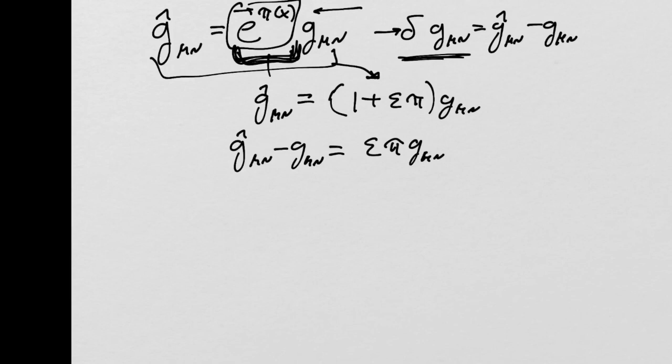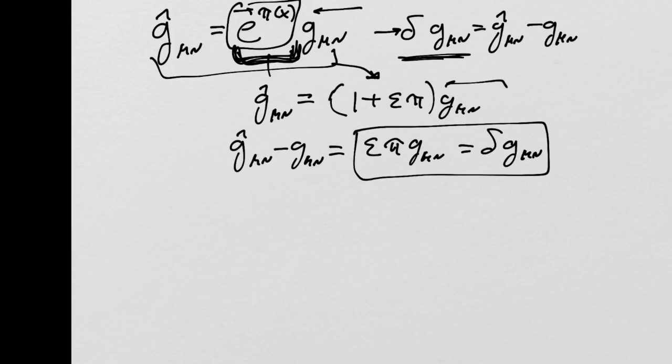Just expand it out and subtract. So this equals the variation in the metric, the variation of the metric for an infinitesimal transformation.